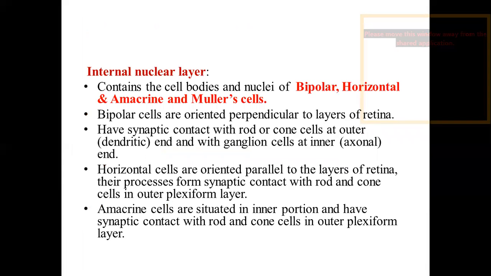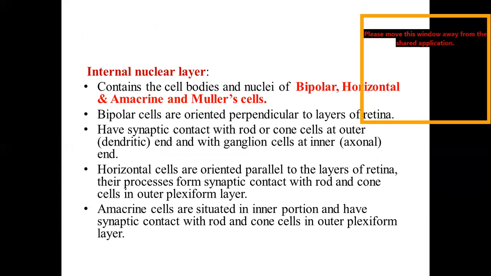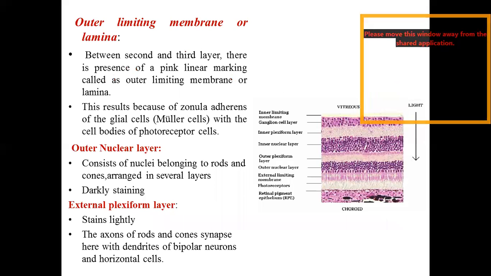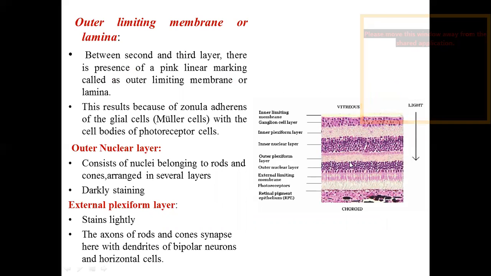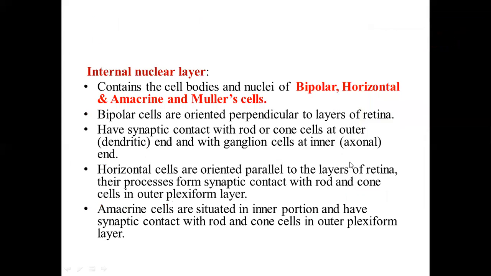Now horizontal cells are parallel to layers of retina, and their processes form synaptic contact with rods and cones on outer plexiform layer. Amacrine cells are on inner portion, and they also have contact with rods and cones in outer plexiform layer. So this layer is a middle layer, inner nuclear, having contact with both inner and outer plexiforms through axons and dendrites.